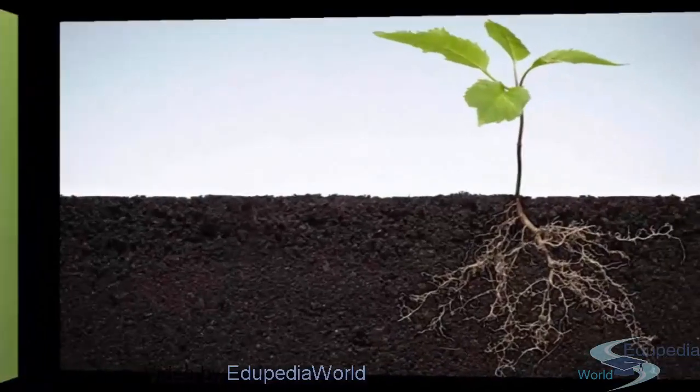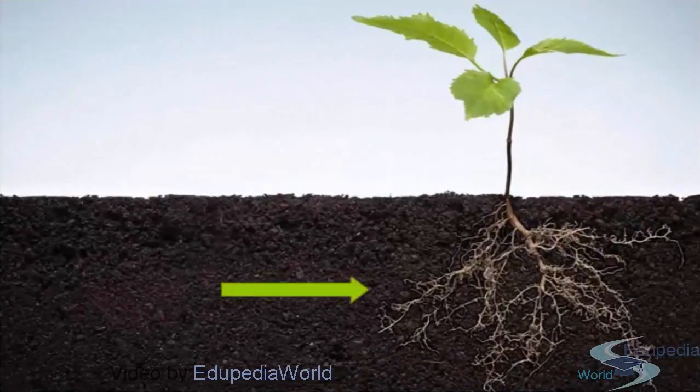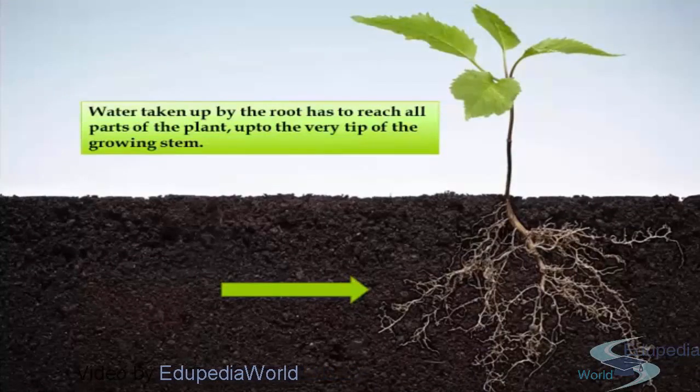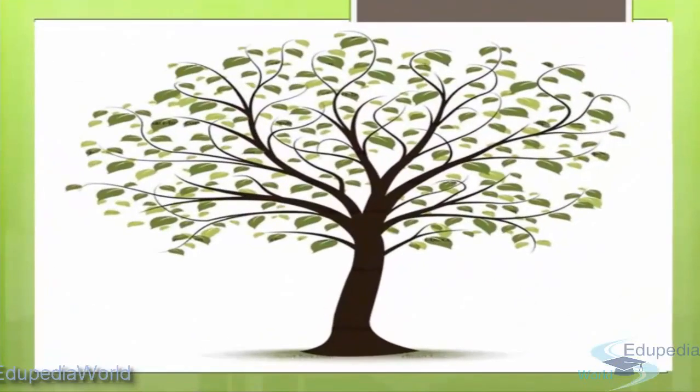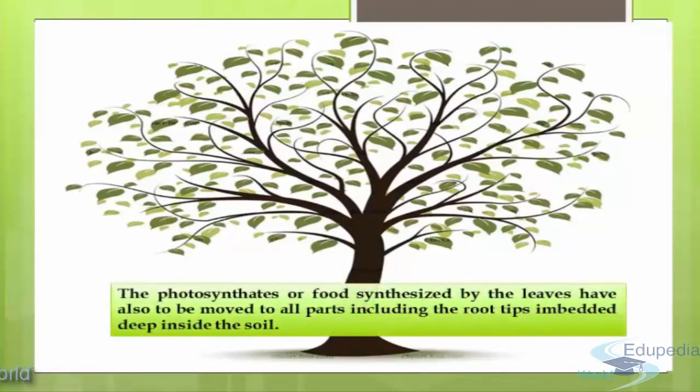Water taken up by the roots has to reach all parts of the plant, up to the very tip of the growing stem. The photosynthates or food synthesized by the leaves have also to be moved to all parts, including the root tips embedded deep inside the soil.